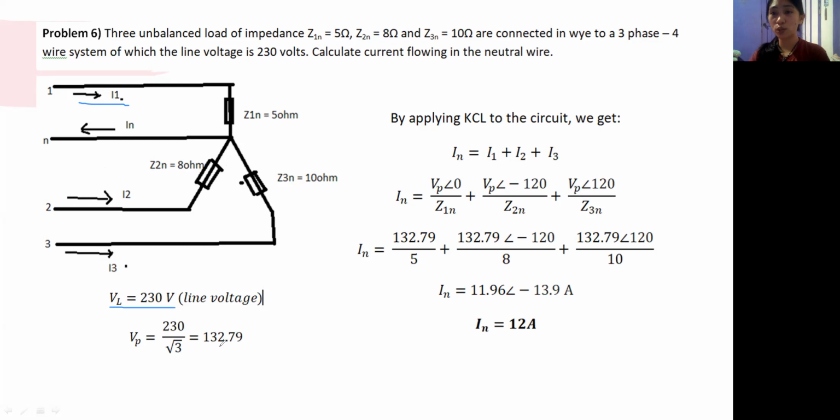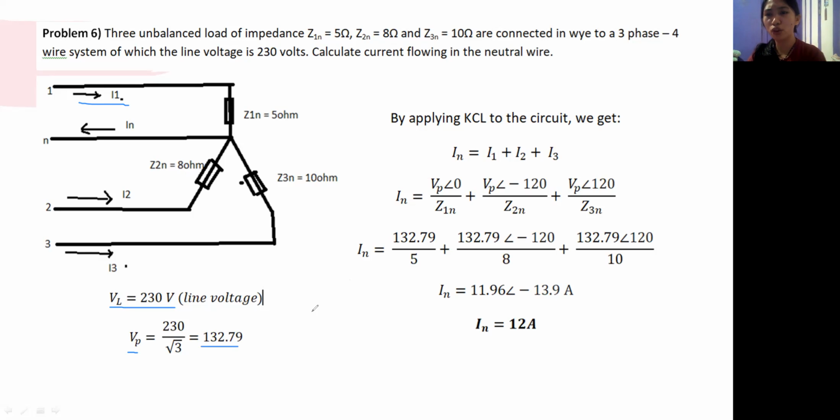To get the phase voltage, we use the formula Vp equals the line voltage over the square root of 3. Upon calculating this, Vp has a value of 132.79 volts.